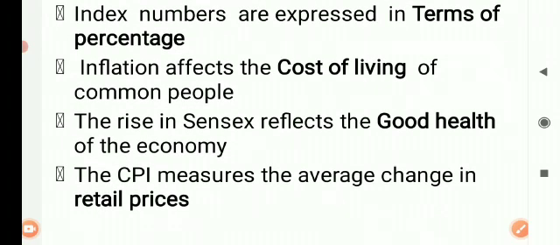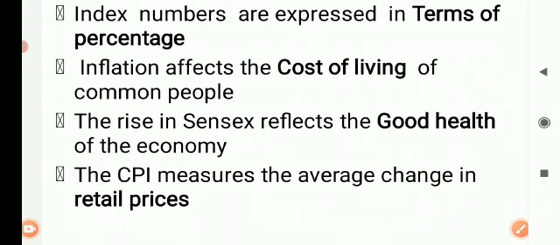The rise in Sensex reflects the good health of the economy. Sensex means what? Sensitive index, for example, of the stock exchange. If there is an increase in the stock exchange, for example the rates of shares, what happens? They automatically increase.